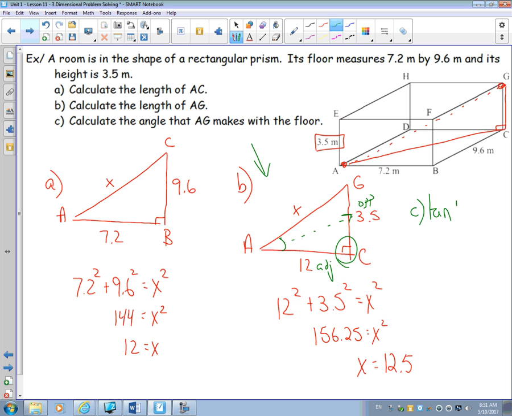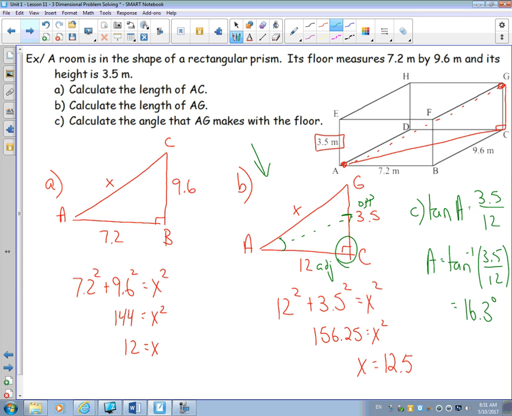So tan A equals opposite, 3.5, over adjacent, 12. I want to find an angle, so I'm going to use my inverse function, 3.5 over 12, and I got approximately 16.3 degrees.